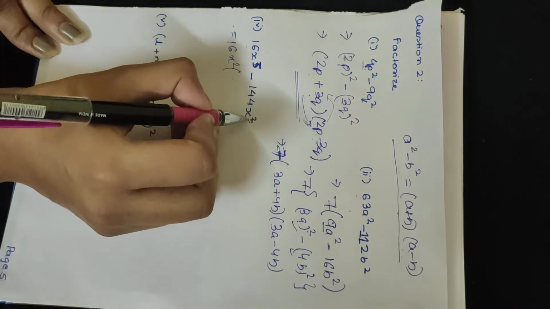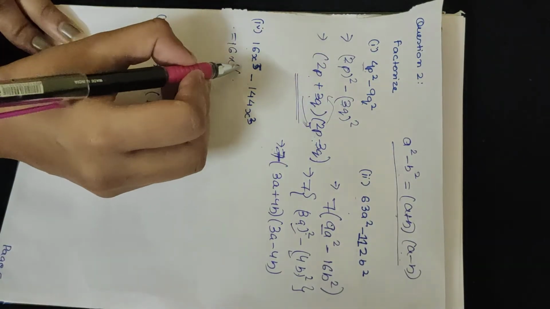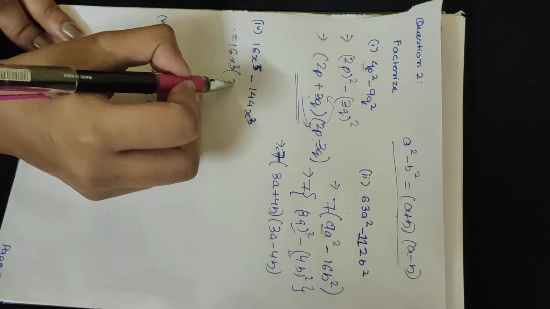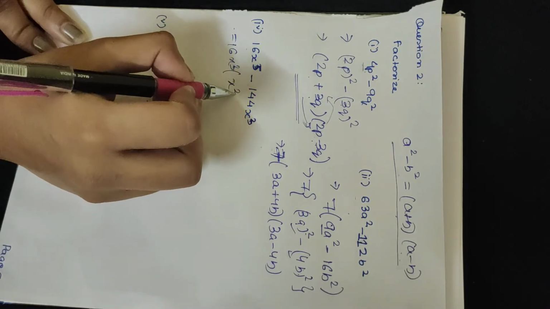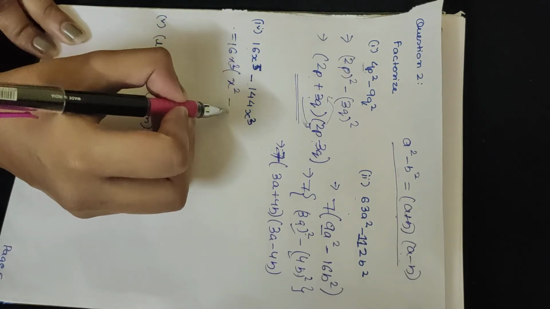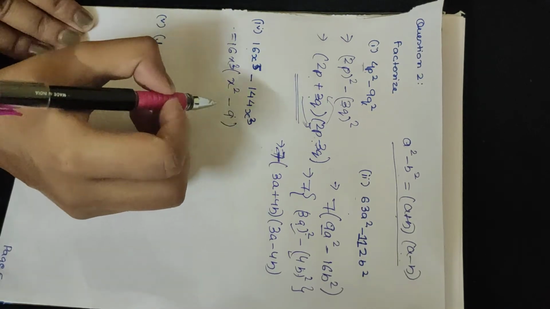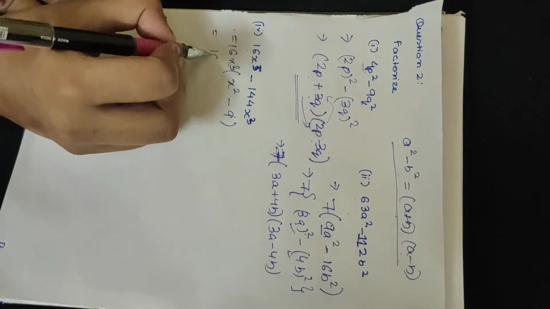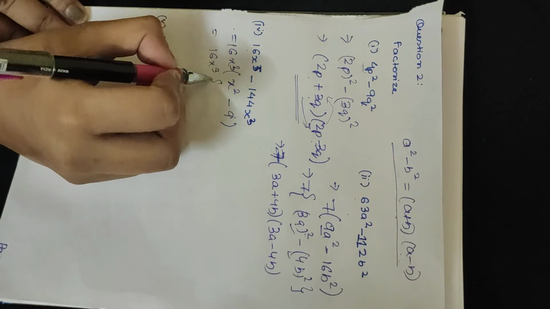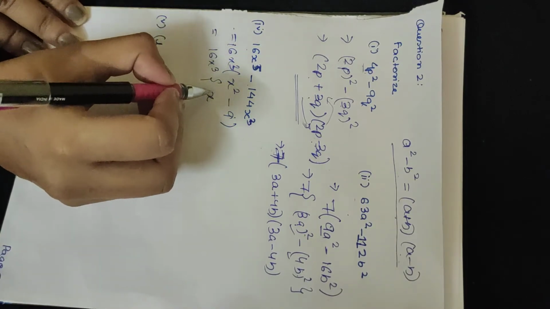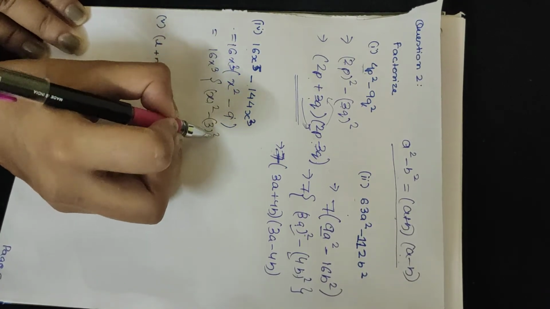Sorry, in the question this is x cube. So x cube is common, so x square will be left here, minus 9 will be left here. So 16x cube, similarly to the previous question, it is x square minus 3 whole square.